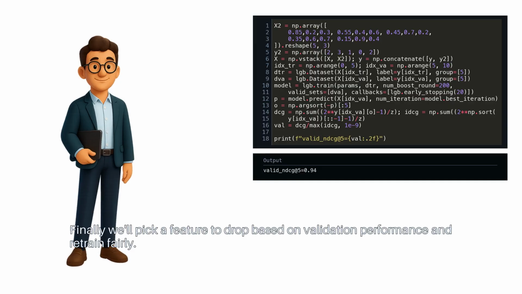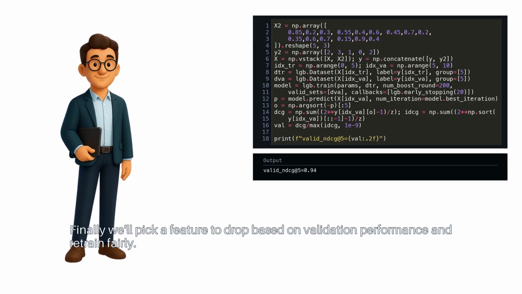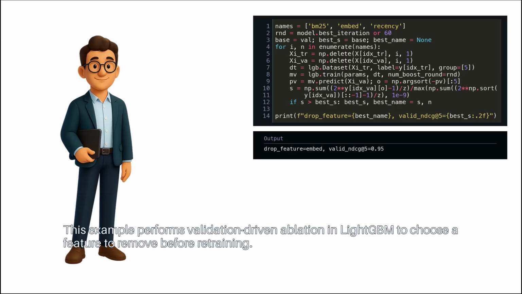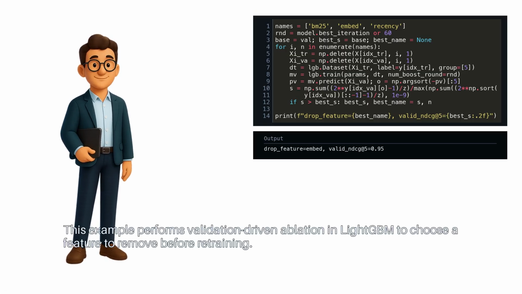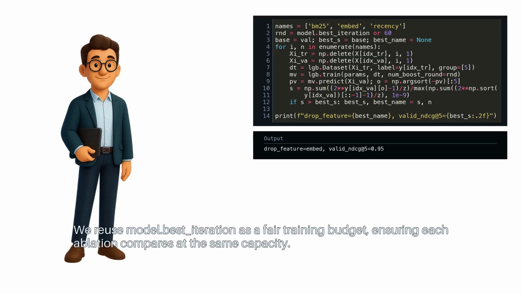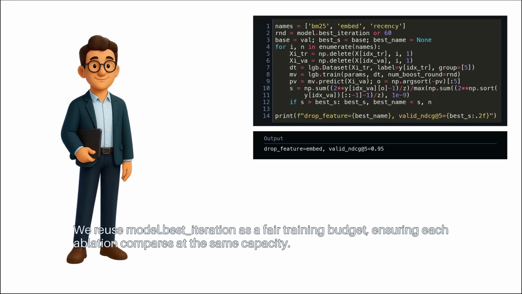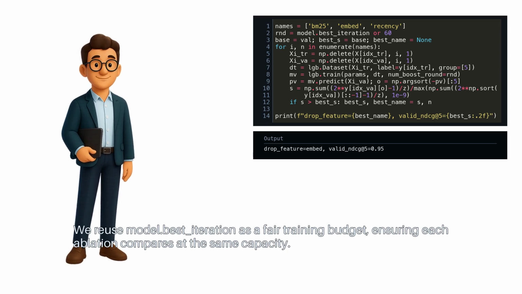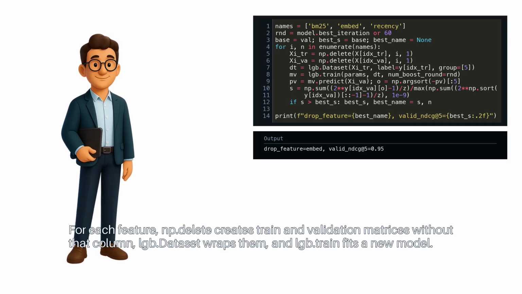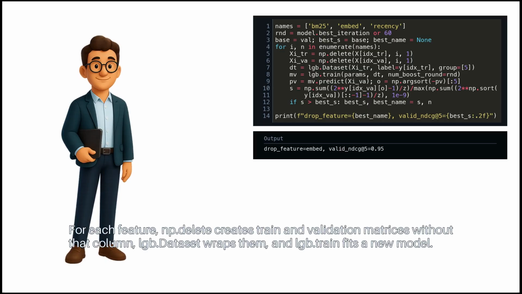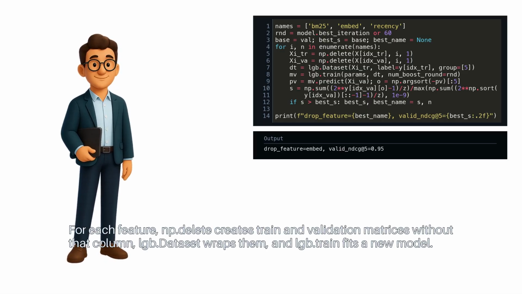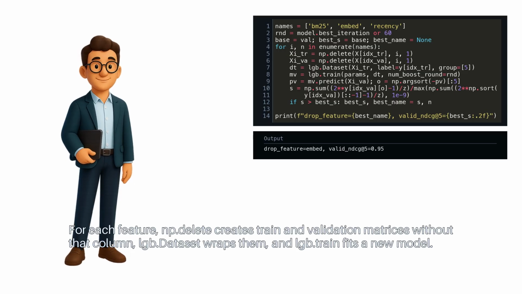Finally, we'll pick a feature to drop based on validation performance and retrain fairly. This example performs validation-driven ablation in LightGBM to choose a feature to remove before retraining. We reuse model.best_iteration as a fair training budget, ensuring each ablation compares at the same capacity. For each feature, np.delete creates train and validation matrices without that column. lgb.Dataset wraps them, and lgb.train fits a new model.